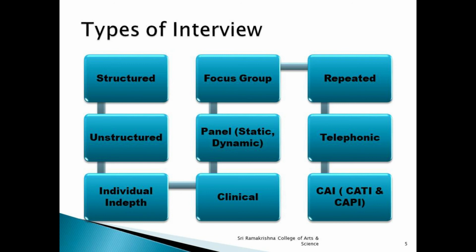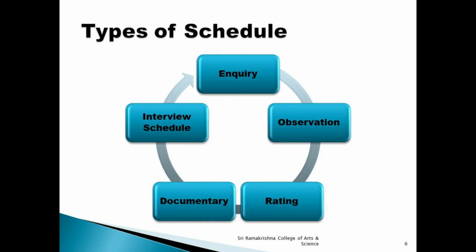Now we'll move on to different types of schedule. It is usually applied to a set of questions which are asked and filled in by the interviewer in a face-to-face situation with another person. First one is inquiry, used mostly for knowing income, expenditure, literacy, occupation, place of residence. It is collected by the researcher through field workers. Why they are moving from one place to another, their literacy level, the occupation, everything is collected through inquiry.